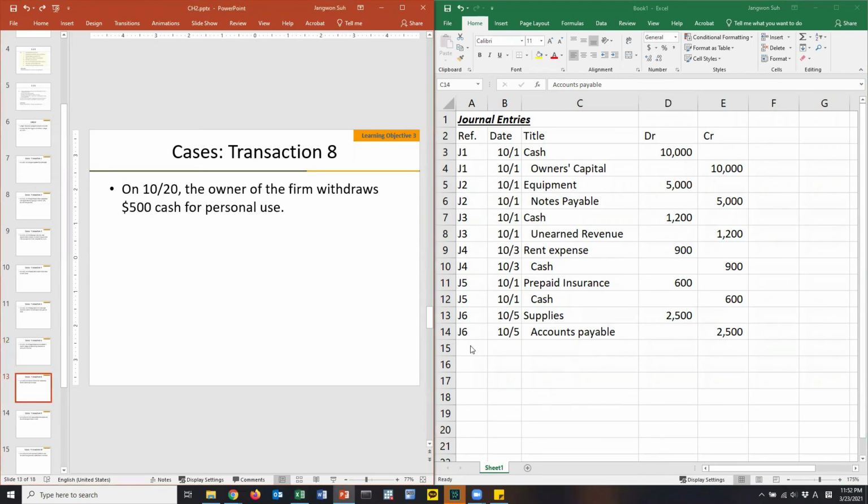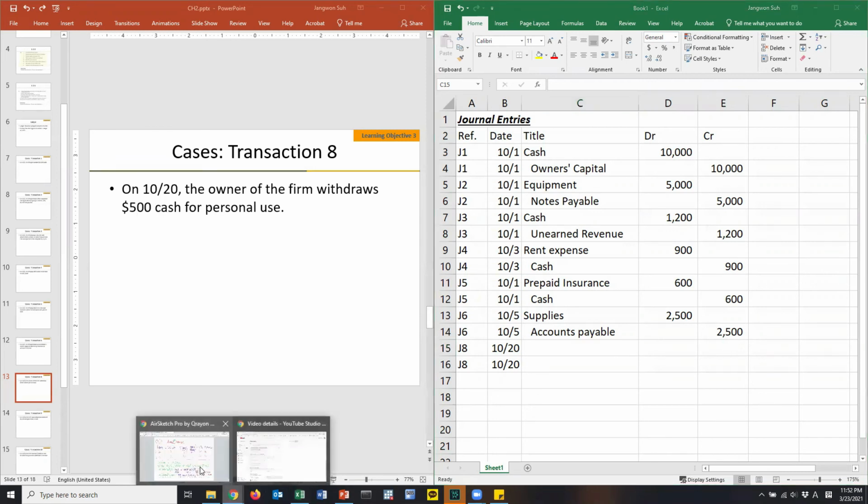And then we don't have 7. Okay, cool. J8, 10/20. The owner of the firm withdraws cash for personal use. Then cash is increasing or decreasing? We are not concerned about private banking. We are concerned about company's records. So cash is, from company's viewpoint, decreasing. Cash as an asset item decreases.